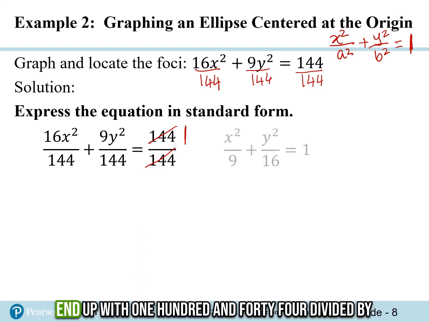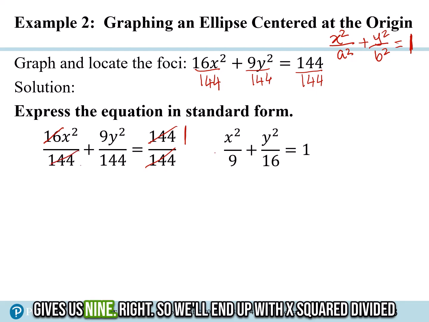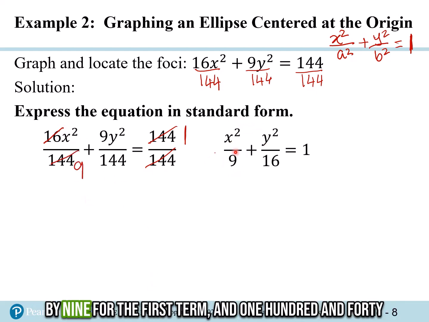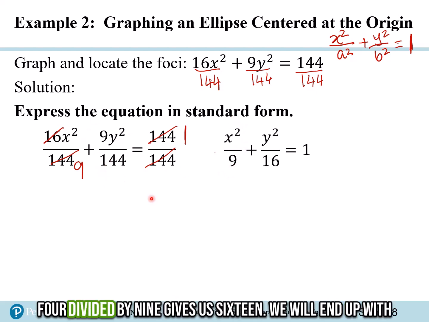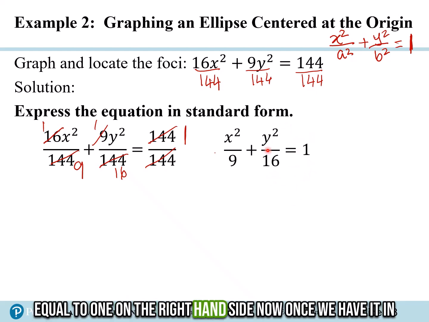So we will end up with 144 divided by 16 gives us 9, right? So we'll end up with x squared divided by 9 for the first term, and 144 divided by 9 gives us 16. We will end up with y squared divided by 16 for the second term, and then we have equal to 1 on the right hand side.